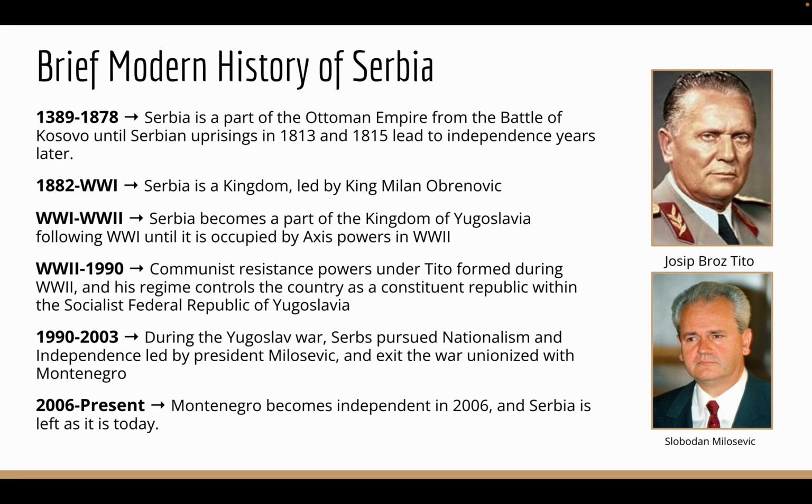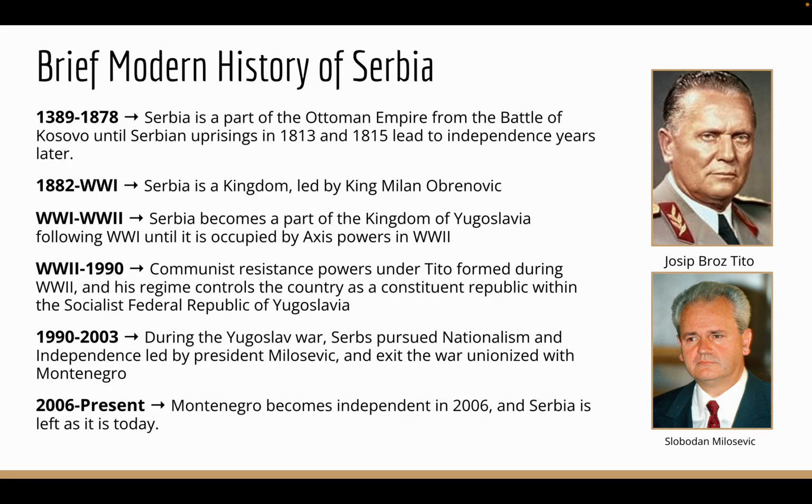During this Axis power occupation, Josip Tito formed communist resistance powers, and after World War II, he became in control of Serbia with his communist regime, as a part of the Socialist Federal Republic of Yugoslavia.